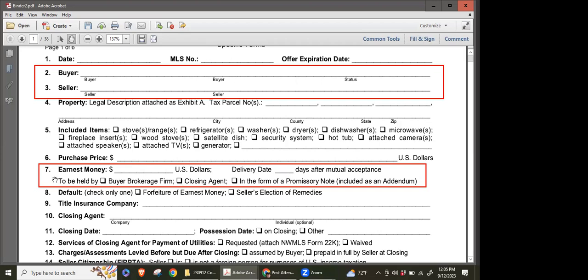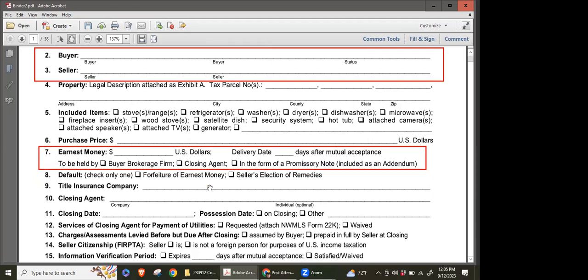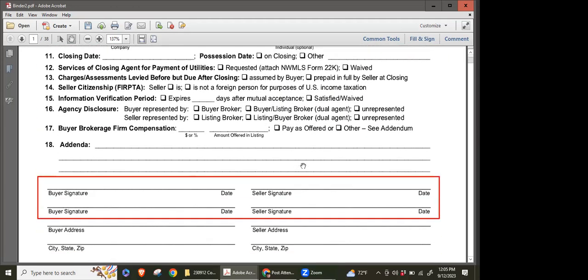I always check and make sure that it's to be held by the closing agent, because we do not have a trust account for our brokers. So those are the things that I jot and write down.